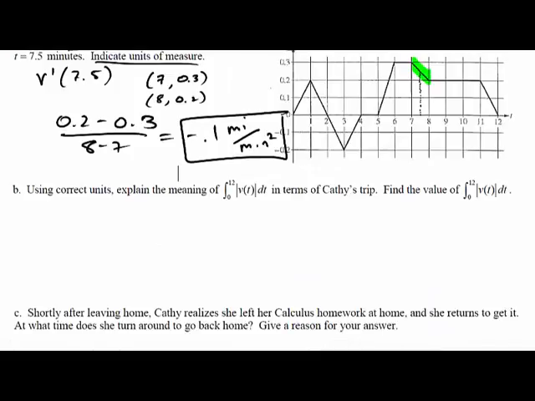Using the correct units, explain the meaning of the integral of the absolute value of v of t dt in terms of Kathy's trip. Find the value. So immediately that should stick out to you, and you should immediately know this is total distance. So I will write my sentence.